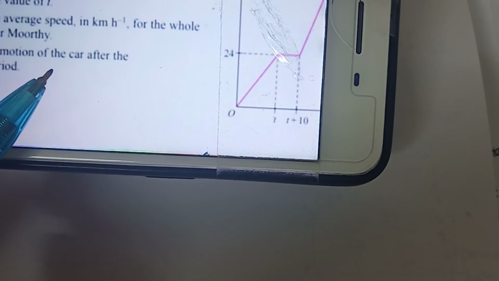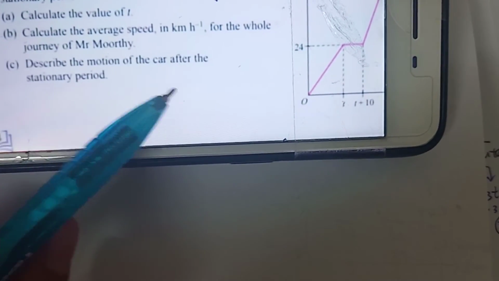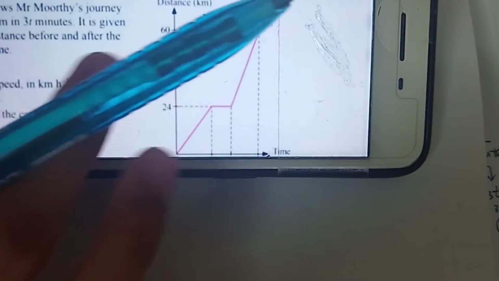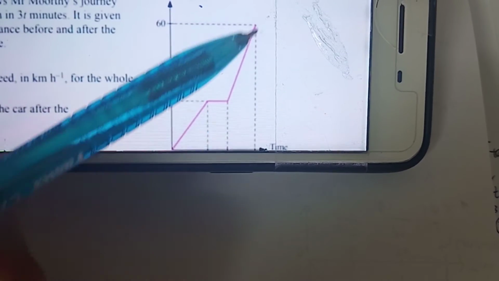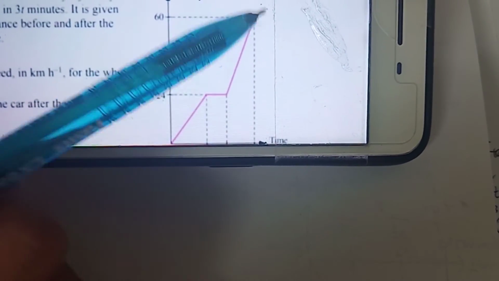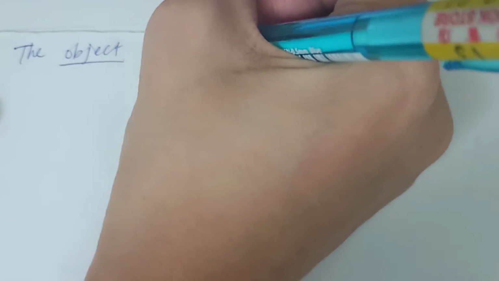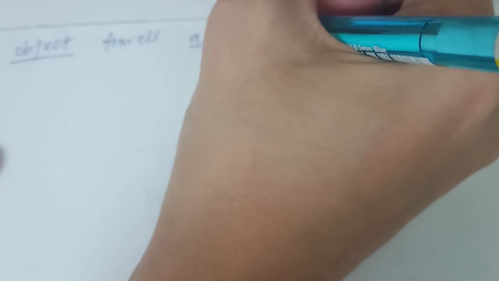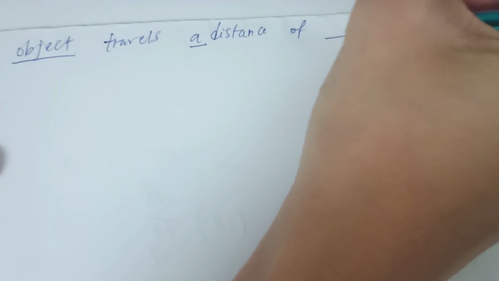Describe the motion of the car after the stationary period. Okay, still remember the motion, describing motion. So you need to describe the motion from here to here. Okay, from here to here. So when describing motion, what information do we need? We need to have the object. Okay, the object travels a distance of what?